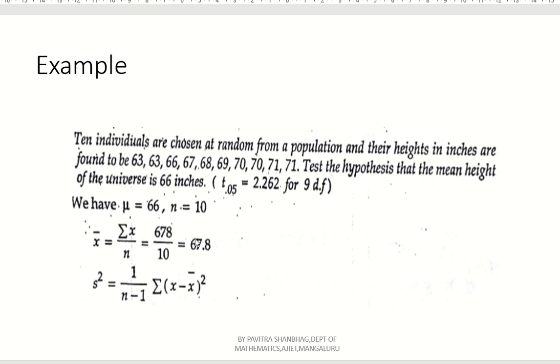That is 63 minus 67.8 whole square plus again 63 minus 67.8 whole square plus 66 minus 67.8 whole square plus 68 minus 67.8 whole square plus 69 minus 67.8 whole square plus 70 minus 67.8 whole square again plus 70 minus 67.8 whole square, again 71 minus 67.8 whole square, again plus 71 minus 67.8 whole square, like that you need to calculate.